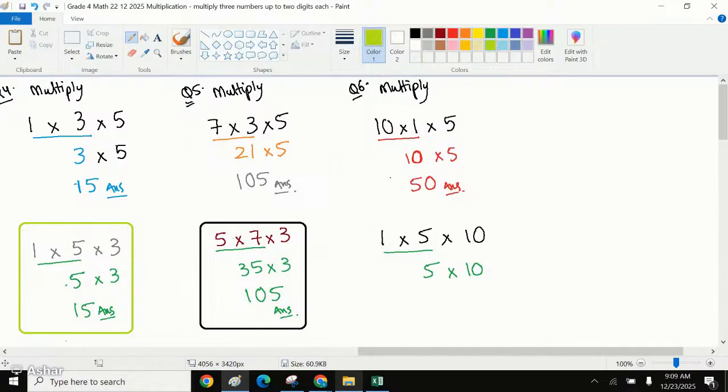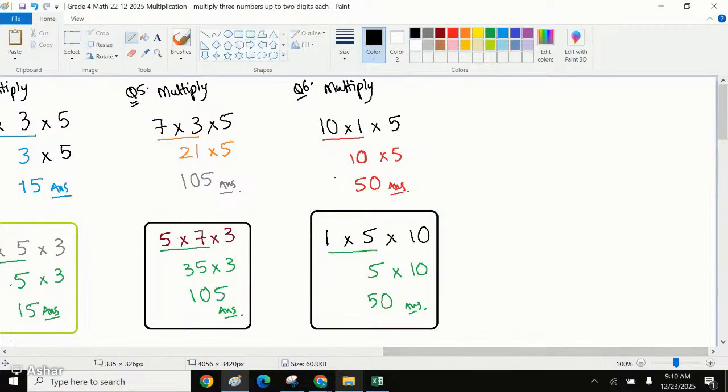So you already know that multiplying by a number ending in 0 means we count the number of zeros. There is a single 0, that means 5 multiplied by 1 is 5, and we simply write a 0 next to it. That means it's still the same answer. Agreed? It's still the same answer, okay?